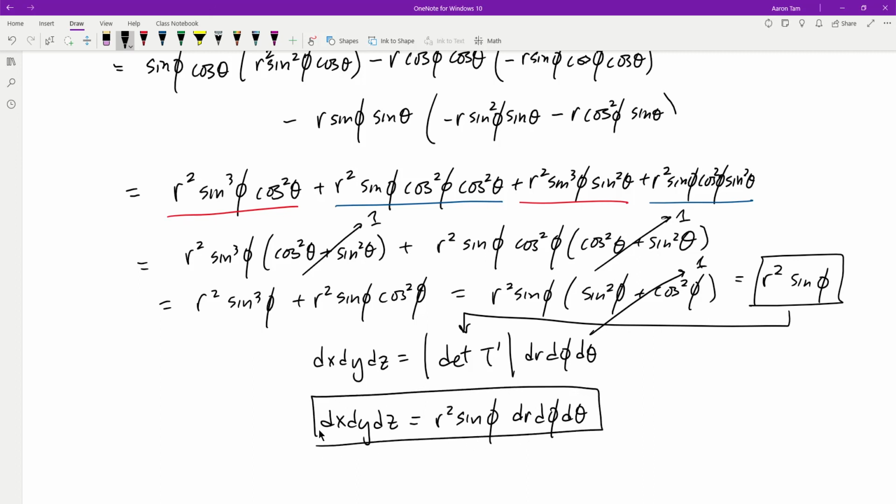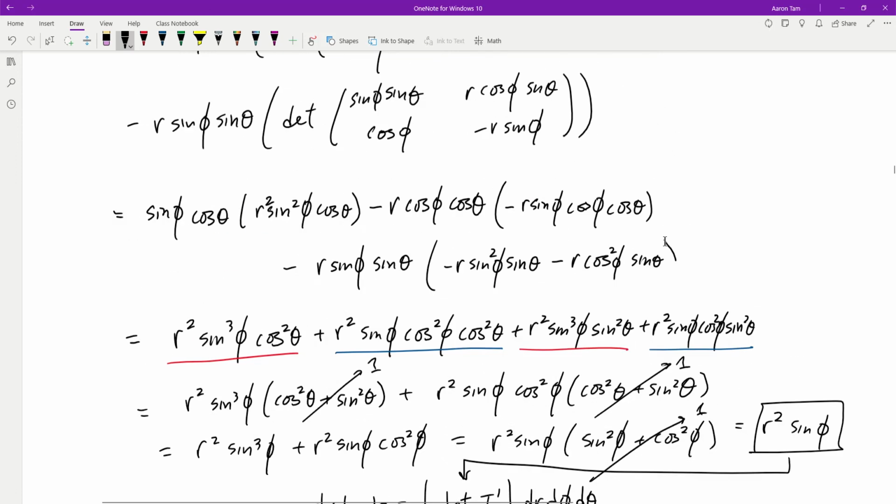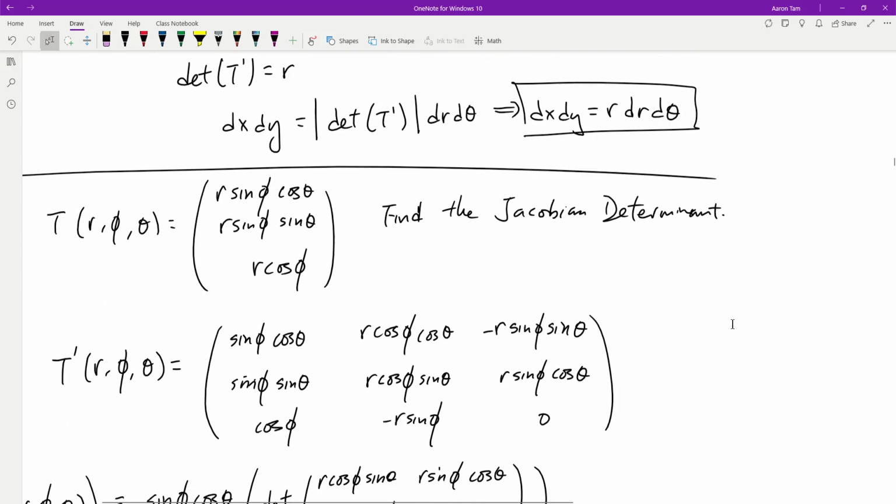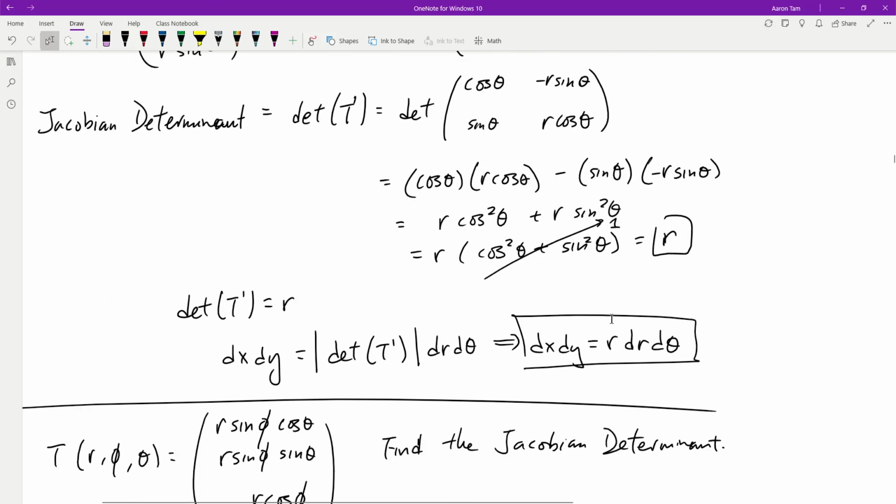Now, some of you who are keen-eyed may notice that I actually don't have the absolute value around this, nor did I put an absolute value around this one when we did it. So what's up with that? Well, for polar coordinates, r is defined to be only a positive number because the domain for r is 0 to positive infinity. So the absolute value will go away because r is already positive.